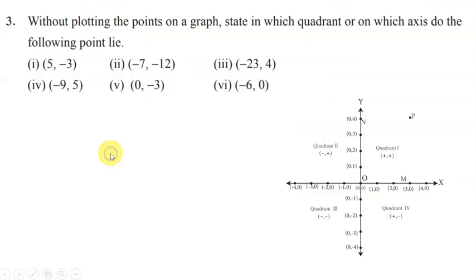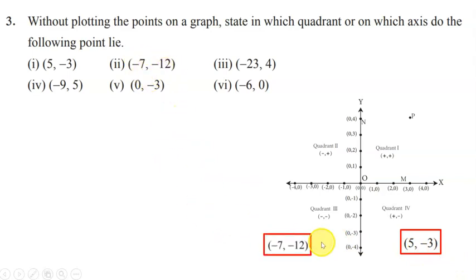Next, question number 3. Without plotting the points on a graph, state in which quadrant or on which axis the following points lie. Now the first point, (5, -3). X is positive, y is negative, it lies in the fourth quadrant. Next, (-7, -12), both are negative, it lies in the third quadrant.